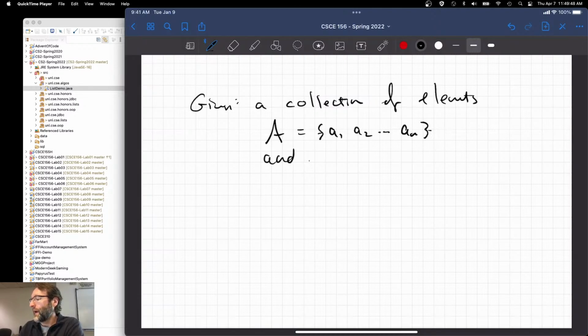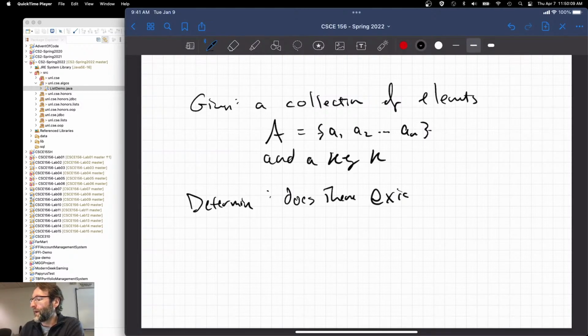And a key, K, determine: does there exist an element a in A such that a is equal to the key K?